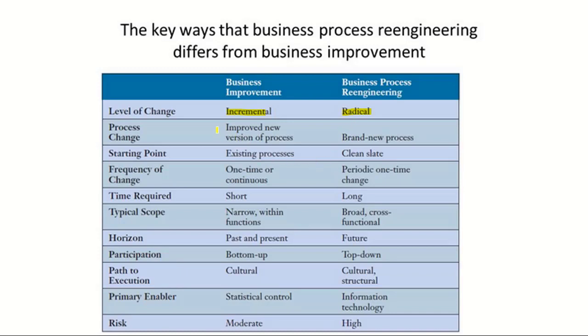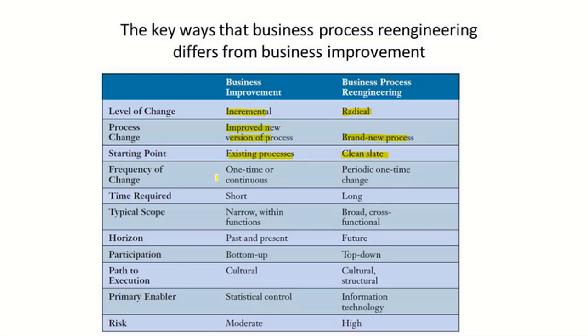In terms of process change, business improvement improves a new version of our processes, while business process reengineering creates a brand new process. The starting point of business improvement is existing processes, while BPR is a clean slate.